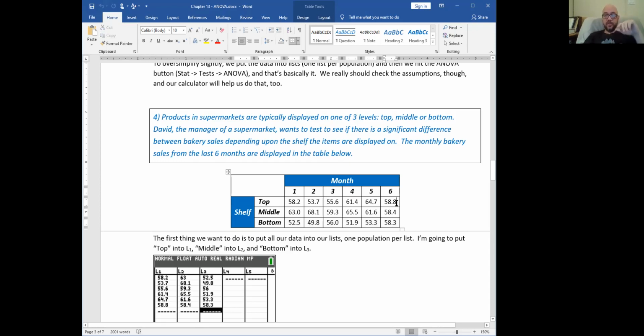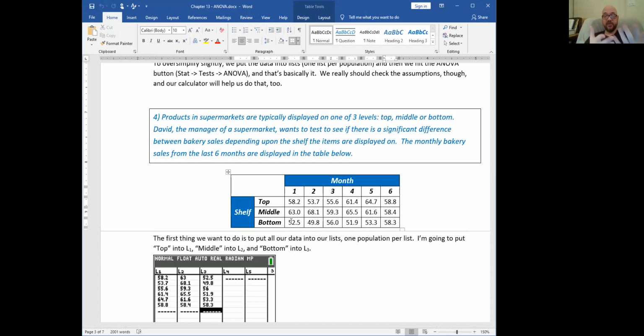So what we're going to do is the following. We're going to find the mean of the top, the mean of the middle, and the mean of the bottom, the sample means, of course. And we're going to find the variance. We're going to take those 3 numbers, the means, and throw them into one set, and find the variance of that set, because that will tell us how far apart they are, right?